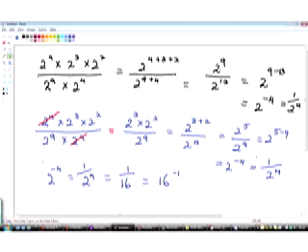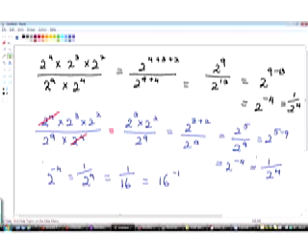So I give you a moment to look over what was done, but basically we only applied 2 laws here, except for when we were changing the answers, expressing the answers differently.